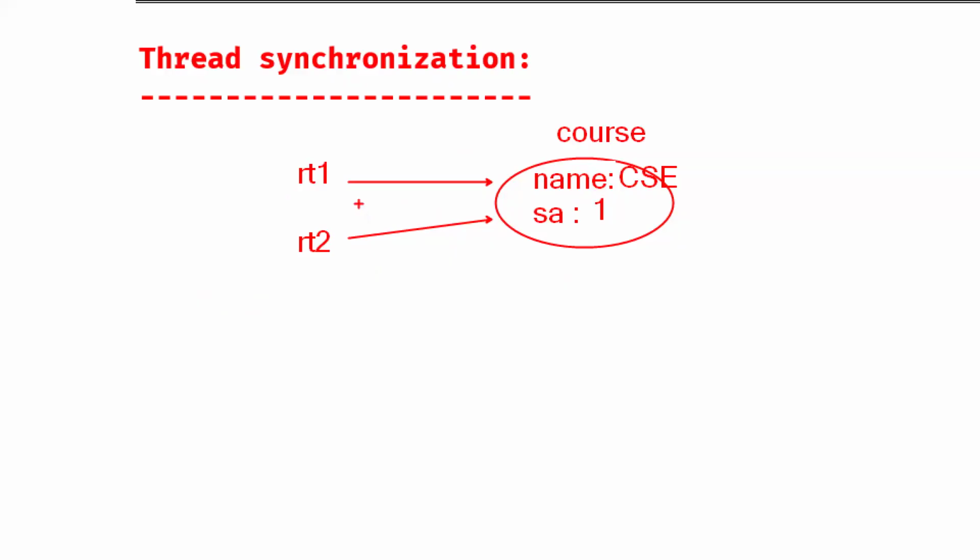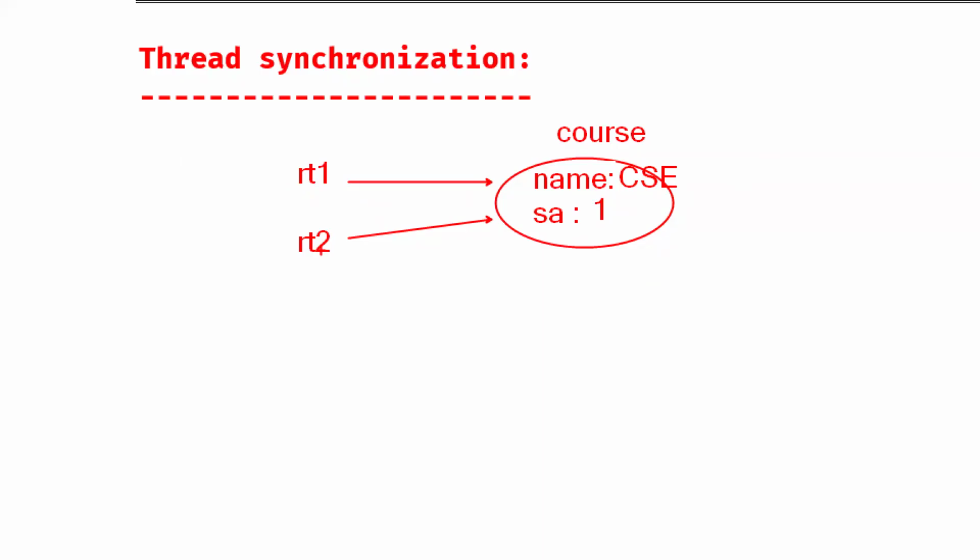Inconsistency problem. Because when there is only one seat available, for how many students can this seat be booked? Only one student. But what is happening here? That seat is booked for two students. Two threads are like two students. The same seat is booked for two students. This is called inconsistency.